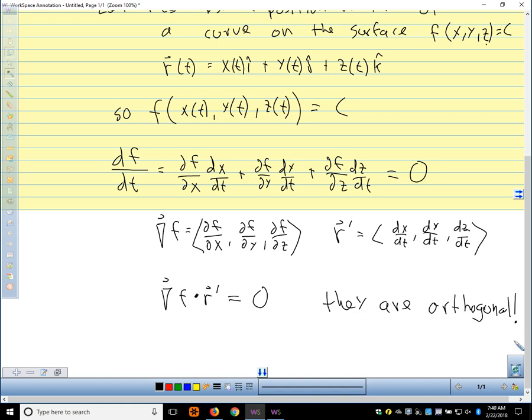And R prime, what do we know about R prime in terms of the curve R? Isn't it tangent to R?